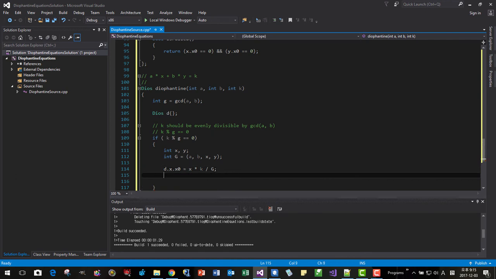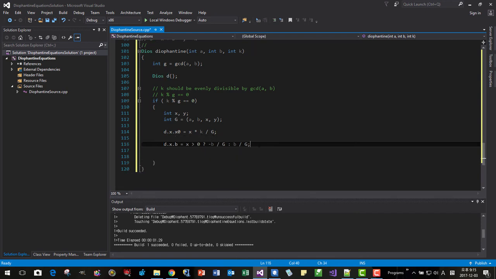Please remember the explanation I did in the video just a few minutes ago. Then now here d.x.b should be, if x is greater than 0, for example, then I would let b be minus g, okay, else b minus g like this. Please think about this carefully.